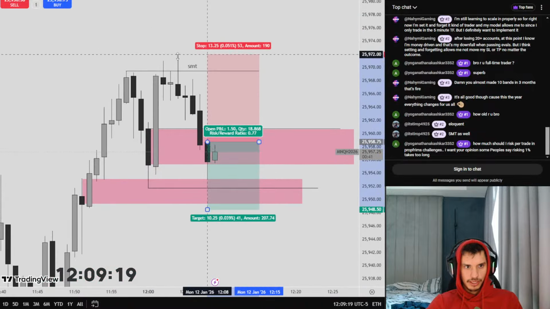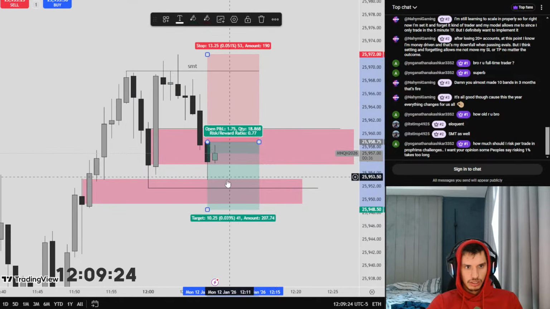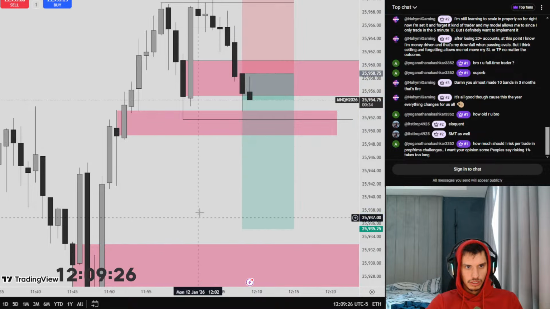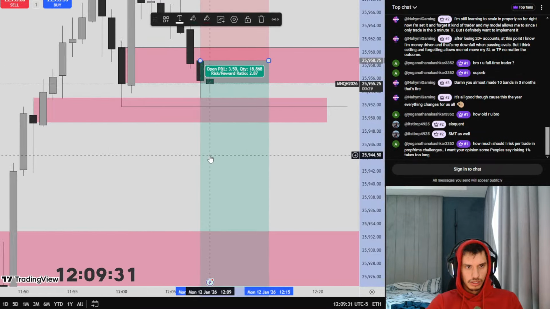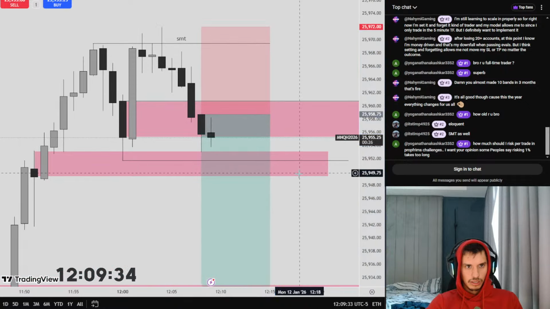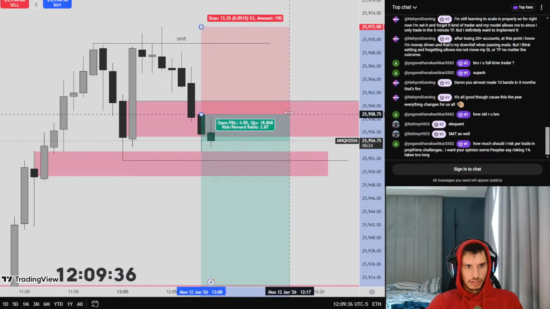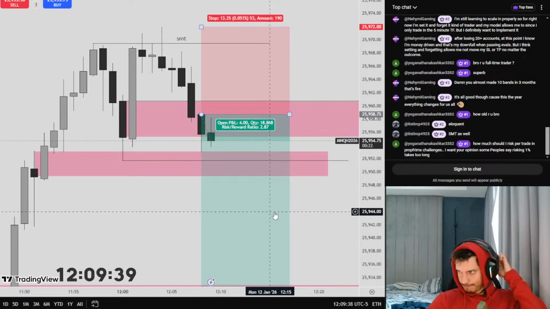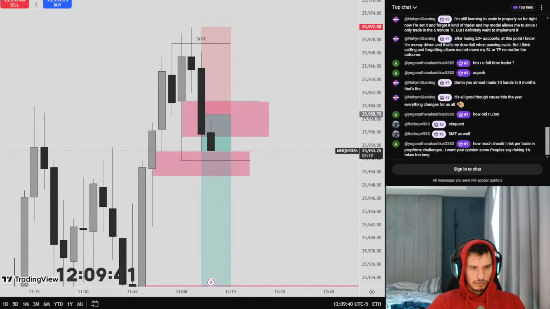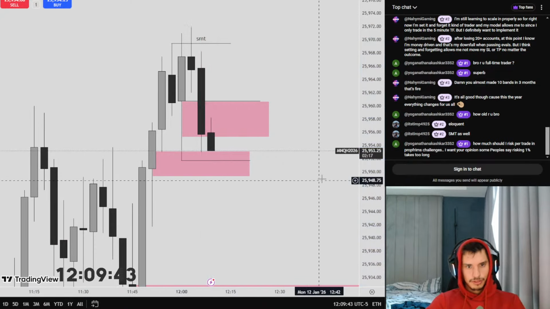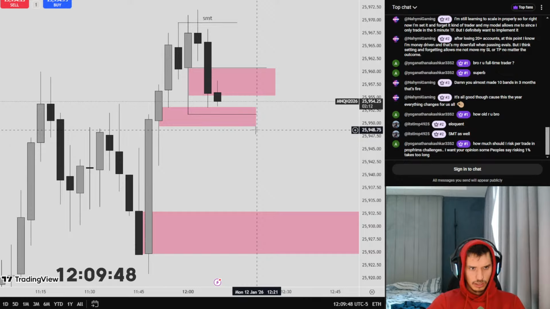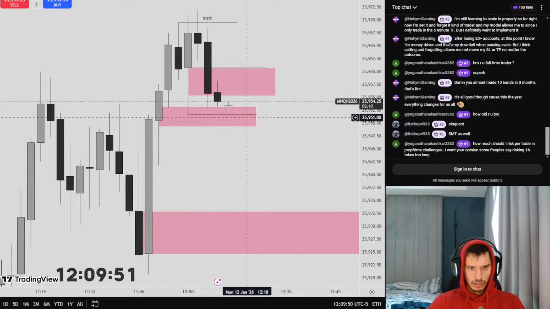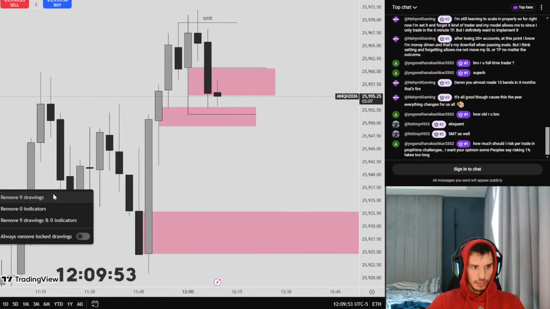Do we want to take an early entry? Probably gonna wait for the 3 minute if I'm being quite honest. So we want this gap to hold.